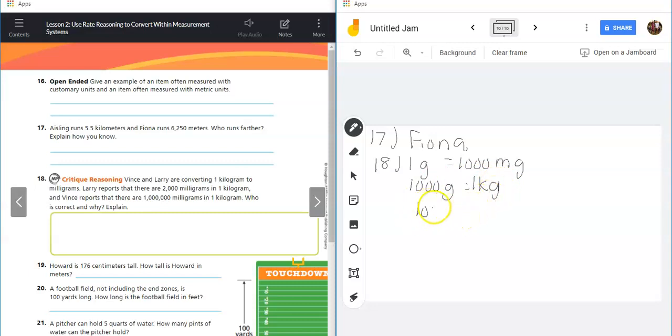So 1,000 times 1,000 equals 1 million. So the person that was right was Vince. Okay, 19, I'm just going to give you the answer. You should have got 1.76 meters.